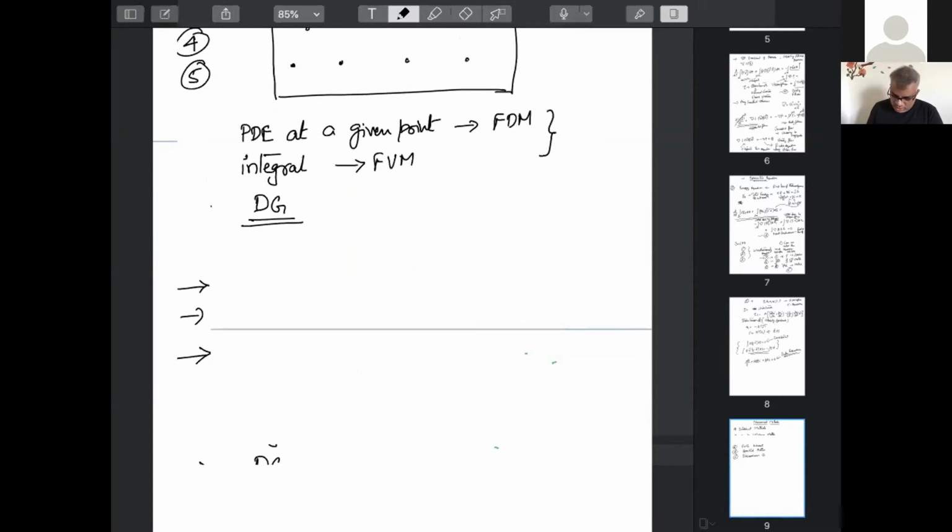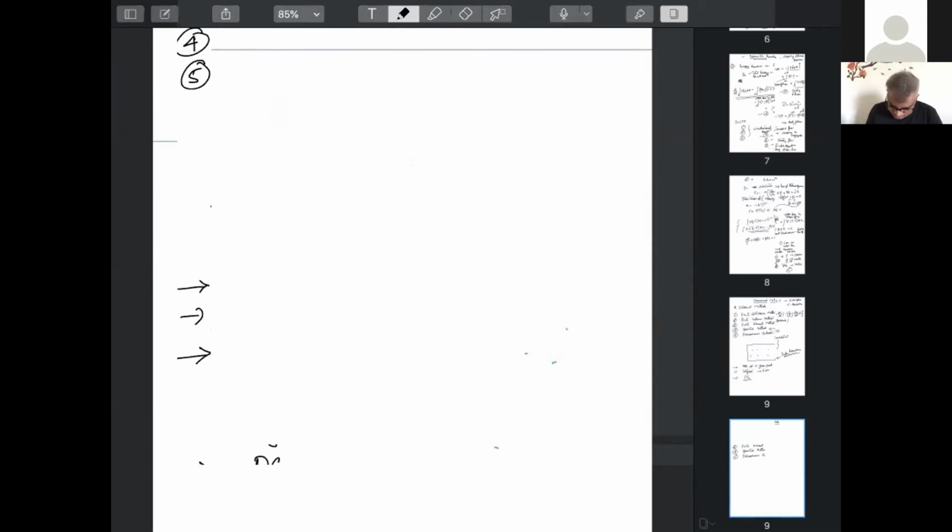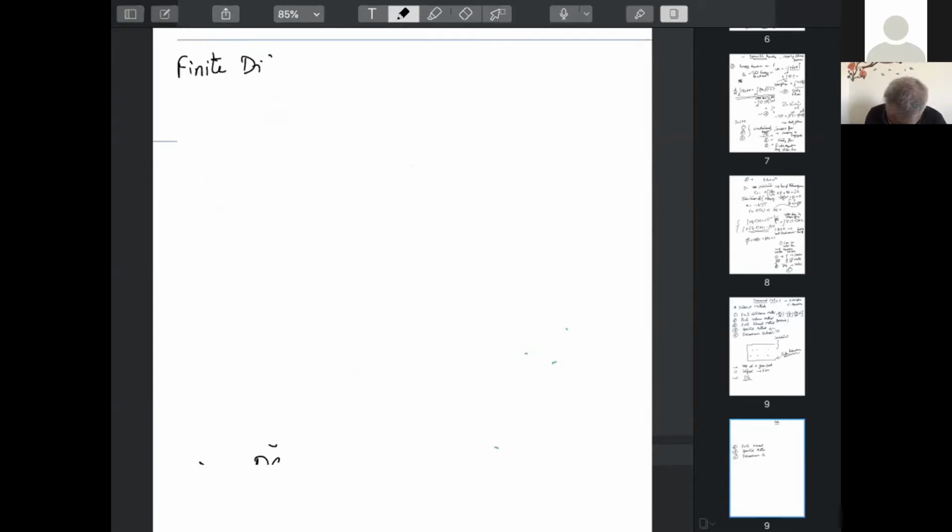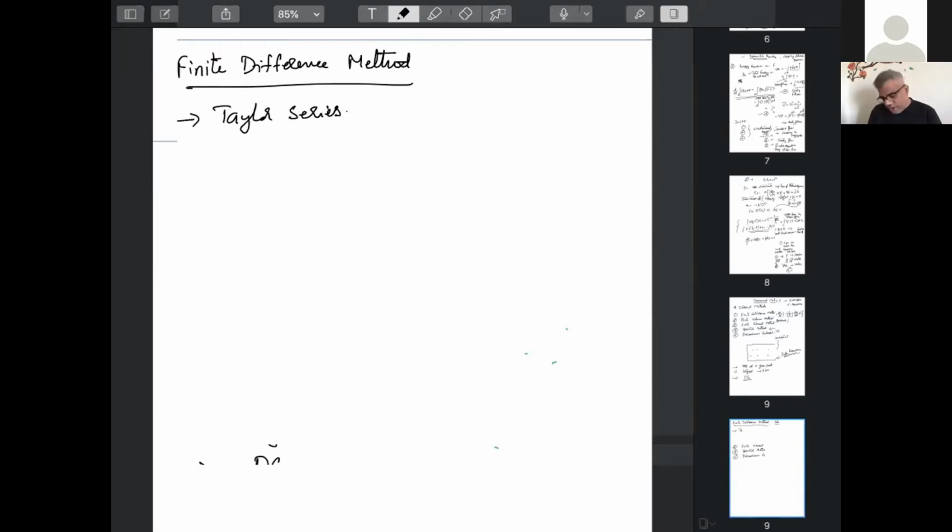So let us look at the finite difference method. The basis for this is the Taylor series. This method is developed based on the Taylor series. Everybody knows the Taylor series.